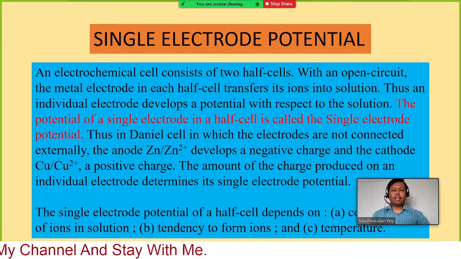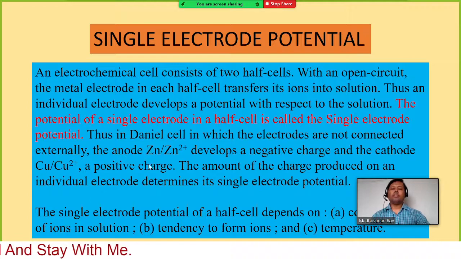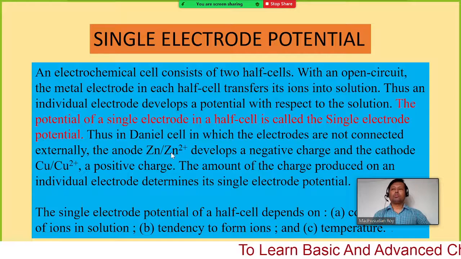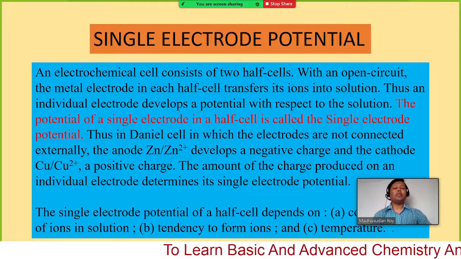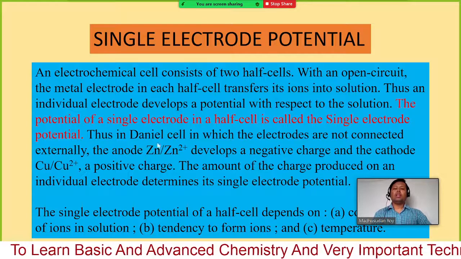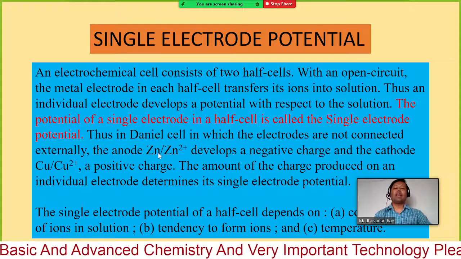Each is just an electrode dipped into an electrolyte, so both of them give a similar potential. It may be positive or negative, it doesn't matter. It will work in a similar way.